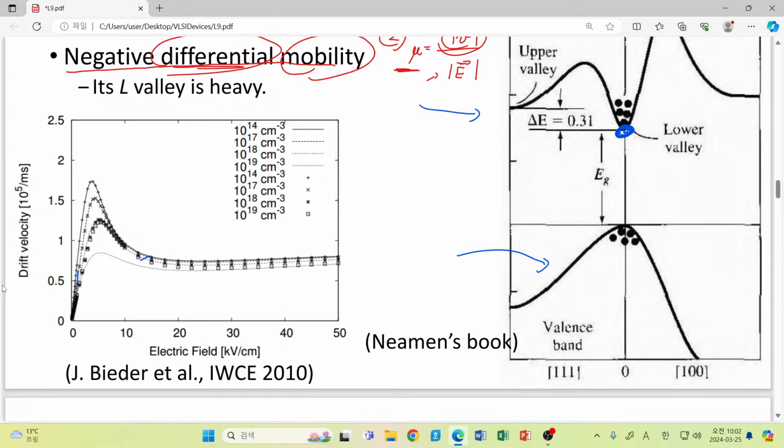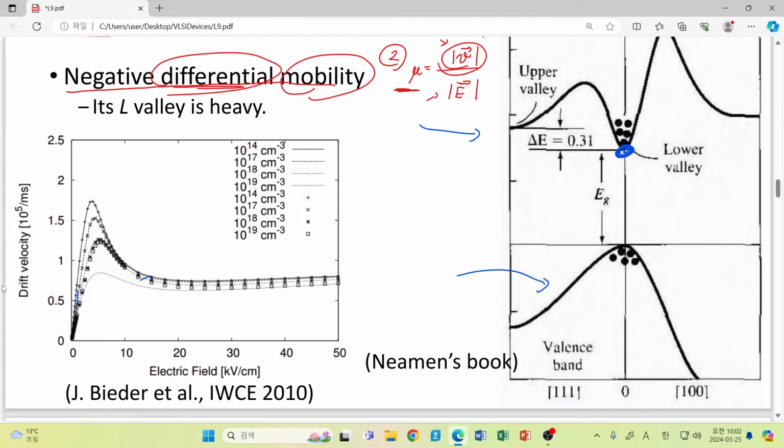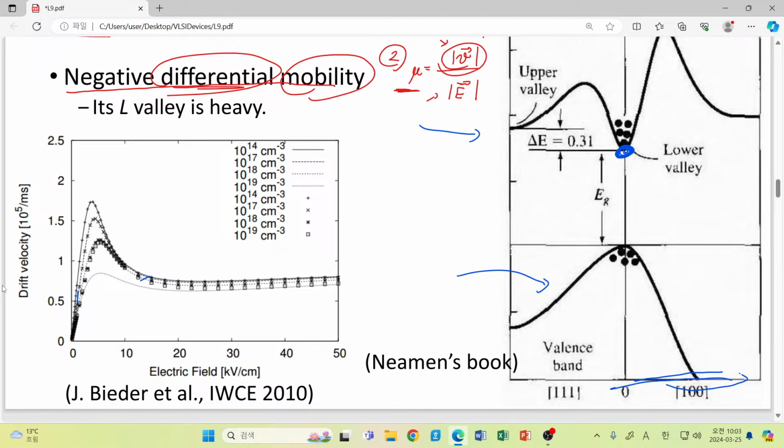For example, if this is the 100 direction, then previously in our silicon material we had the minimum value occurring here. Do you remember?